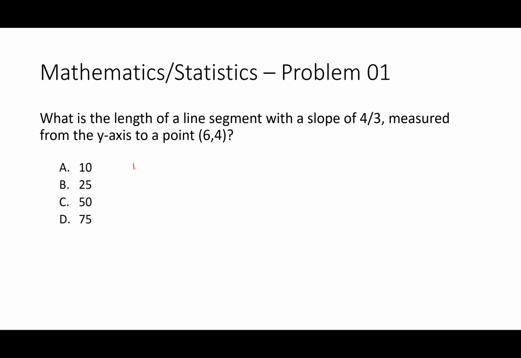So we know that the slope of this line is 4/3. And from the statement in the question, we know that it passes through the point (6, 4). So what we can do is determine the equation of the line using the point-slope formula. So y minus 4 equals 4/3 (x minus 6).